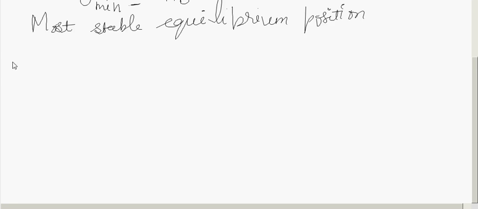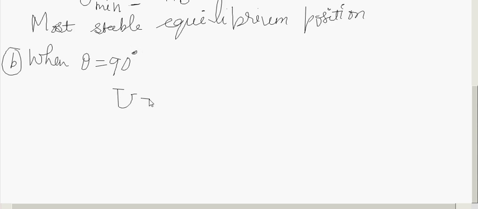Now in the second case, when theta is 90 degrees, cos 90 is 0, so U is 0, or this is the zero energy position.